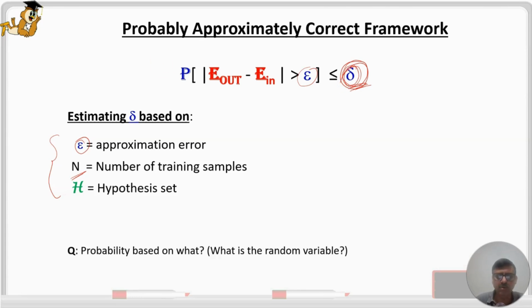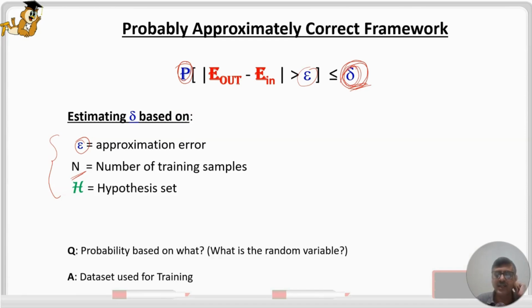Now there is a probability here, and therefore it makes sense to ask the question, probability based on what? What is the random variable here? And the answer is obvious. The answer is simply the data set used for training.